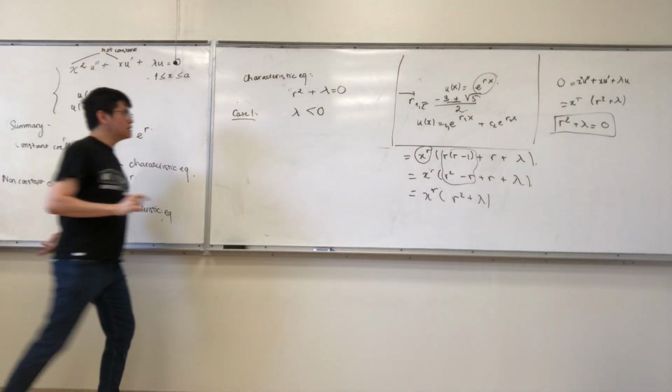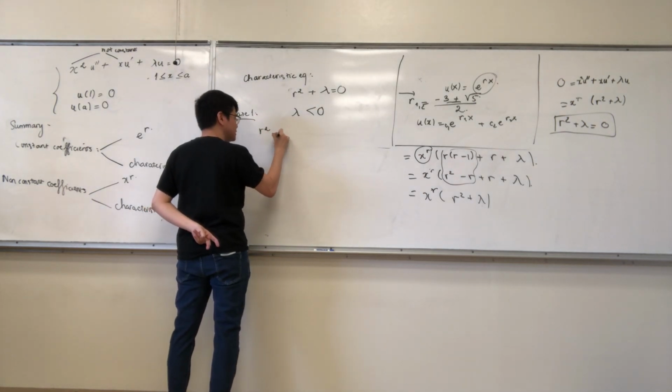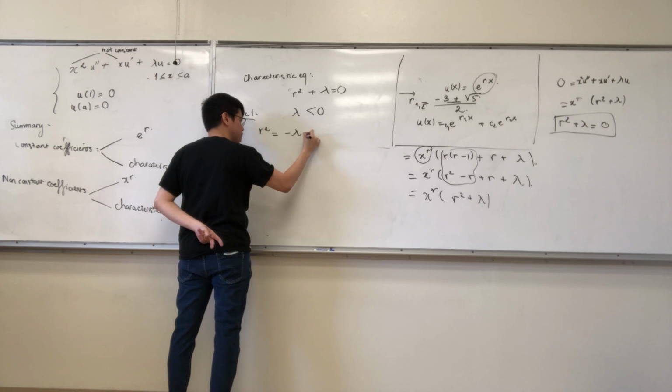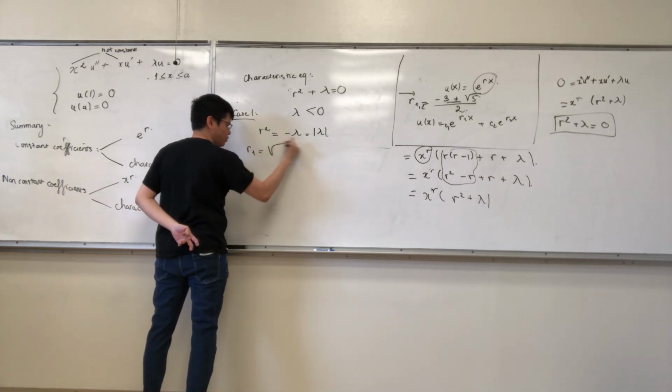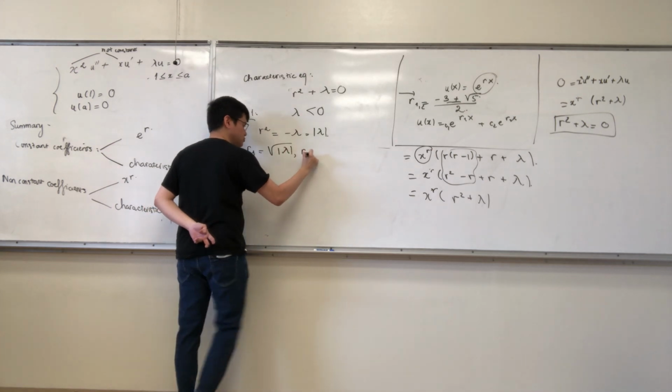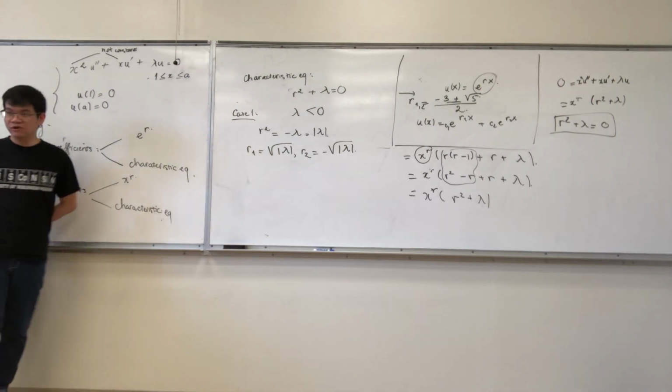Right. When lambda is negative, you have r squared is minus lambda, which is positive. So you're going to have r1 will be square root of minus lambda, and r2 will be minus square root of minus lambda. So you're going to do the same.